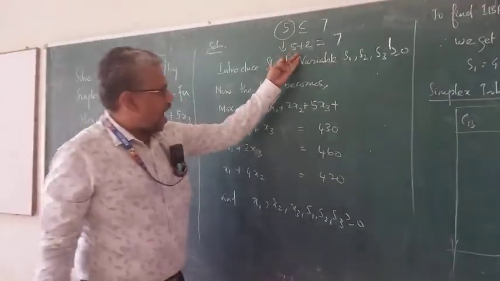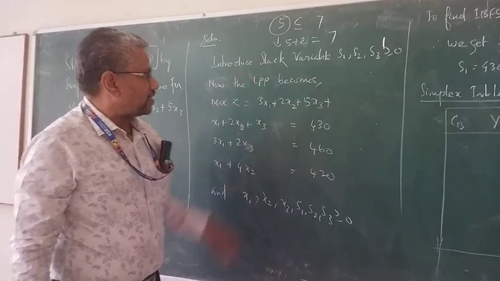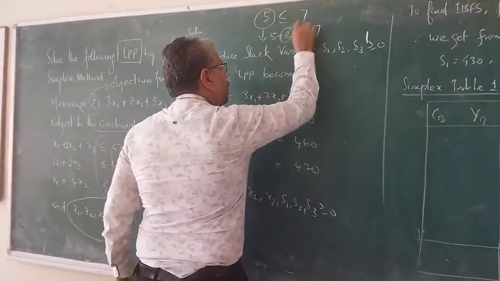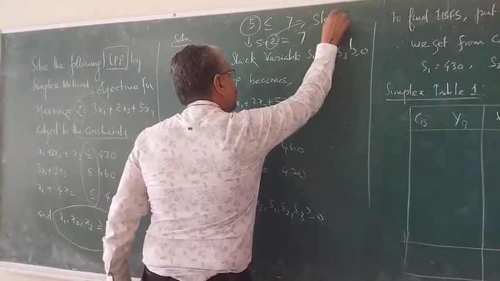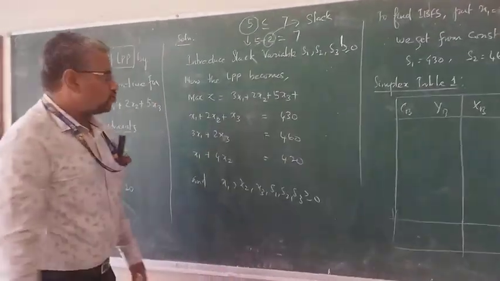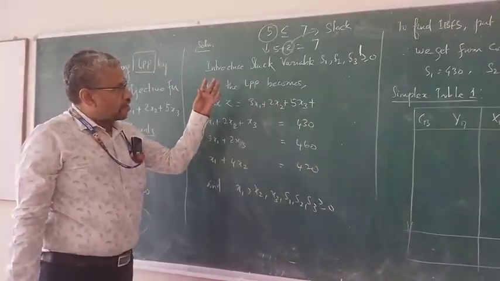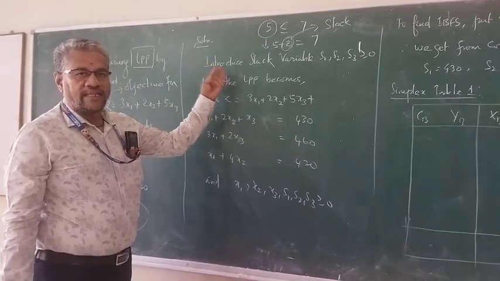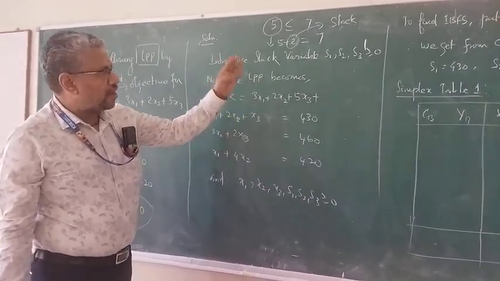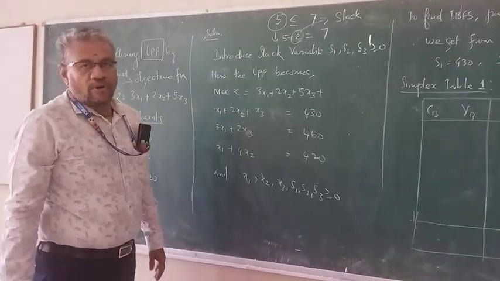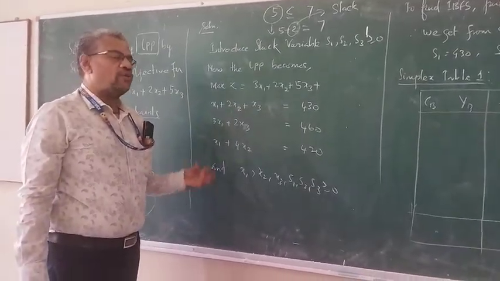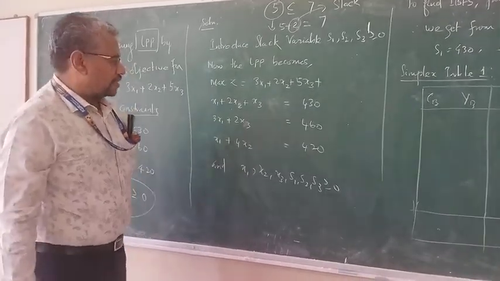Therefore, we have to add that 2 to the left hand side. This 2 is called the slack variable. In order to convert the less than or equal to sign into equal to sign, we add a variable to the left hand side called the slack variable.